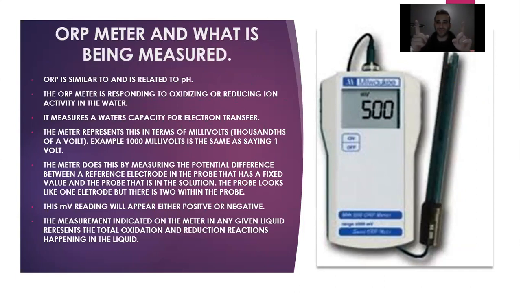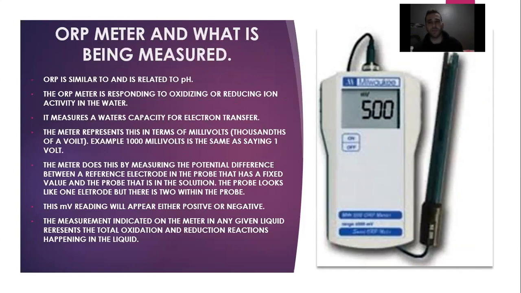So when you take the difference, you end up with a negative number. This minus this gives you a negative number. If you put the probe in an oxidizing liquid, electrons will be taken, and when you take the difference between the two, you get a positive number.